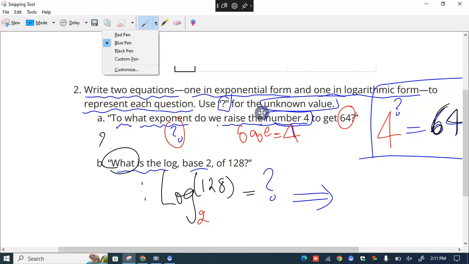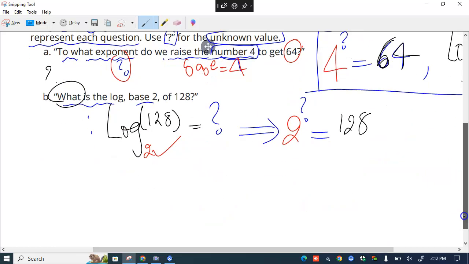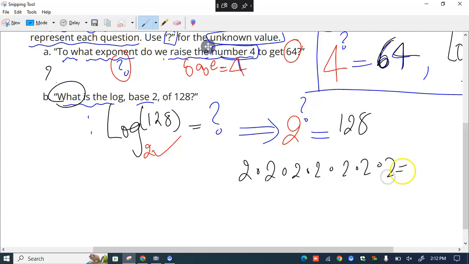Base is the 2, raised to the exponent, question mark, what raised to what number is 128. In other words, how many times do we multiply 2 to itself? You can see this will be 7 times, and 7 times you get 128.